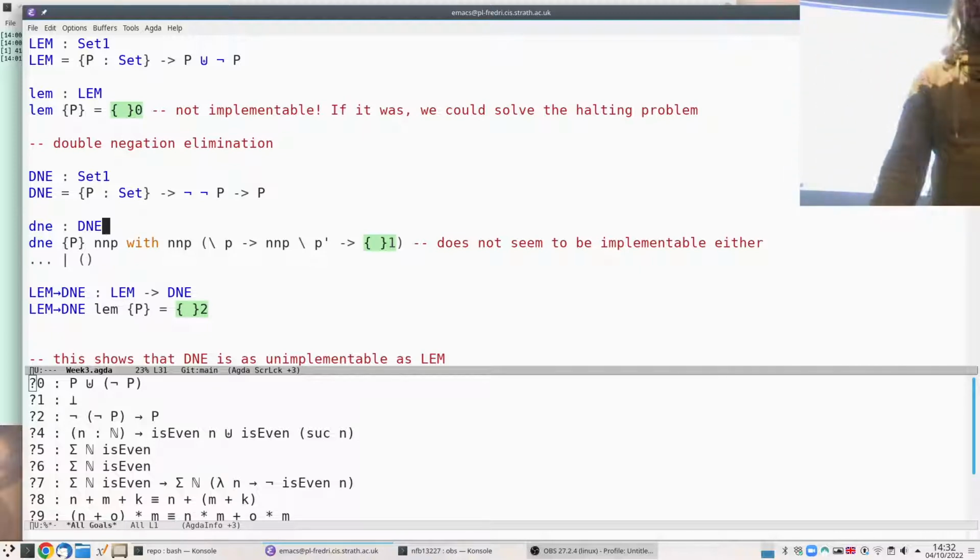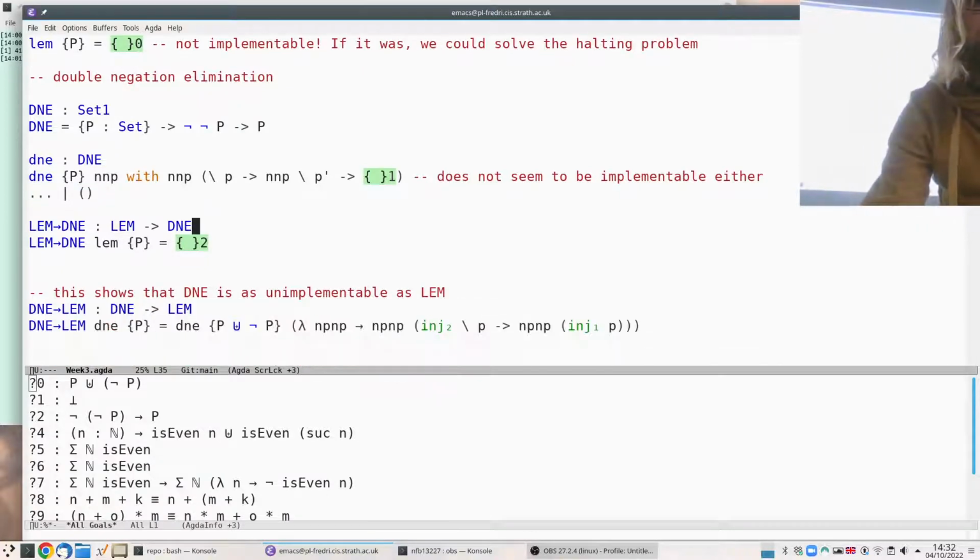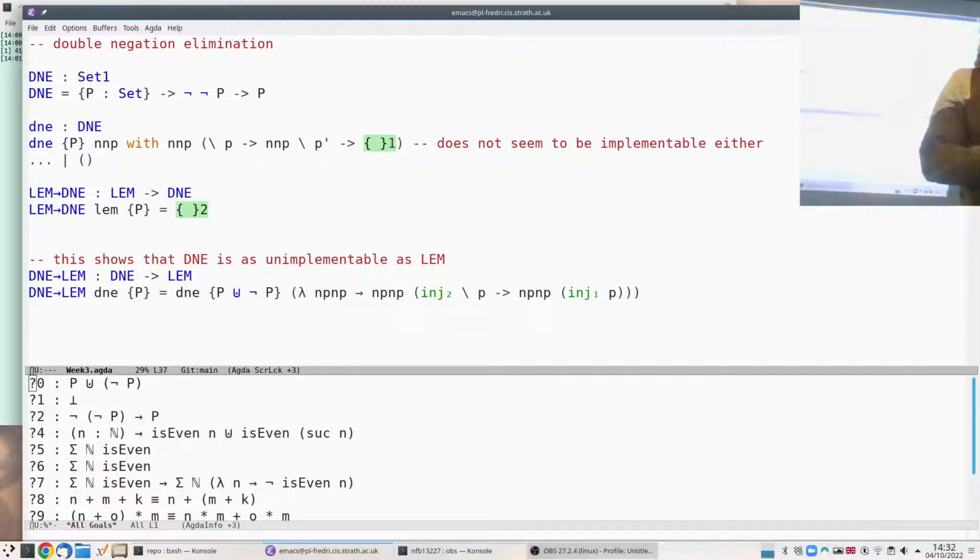If you're thinking this is weird, then good, because it is weird. But I'm just trying to point out how traditional logic is mighty strange when you stare at it from a computational perspective.